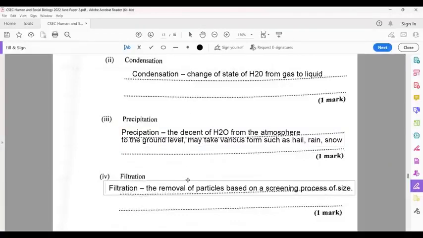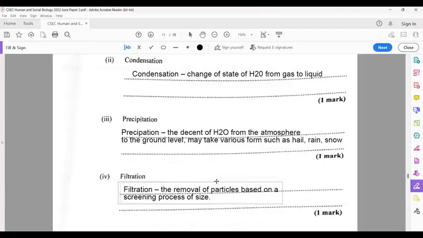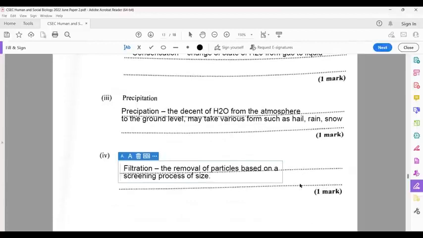So you need something to cause the screening process. Normally could be a wire mesh, it could be filter paper. All of it screens particles by size. These particles that are smaller than the screen will be allowed to pass through. The particles that are bigger than the screen will not be allowed to pass through.